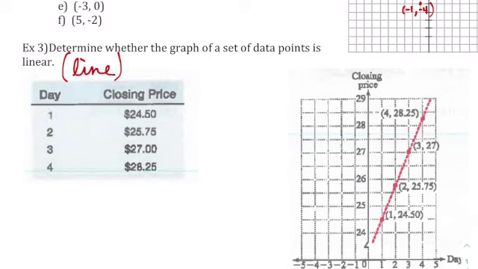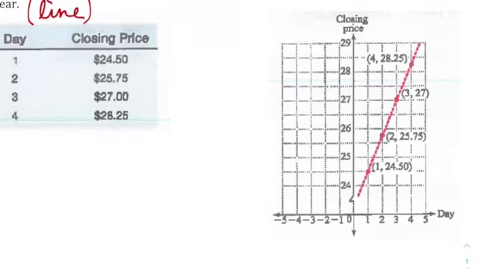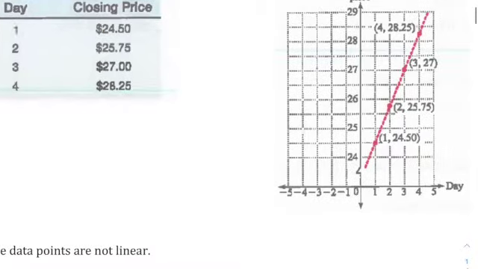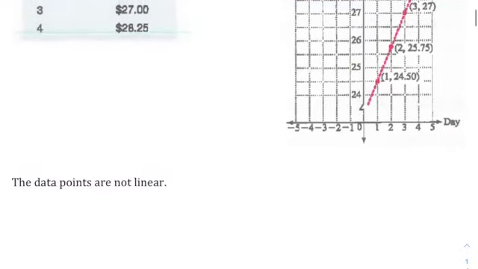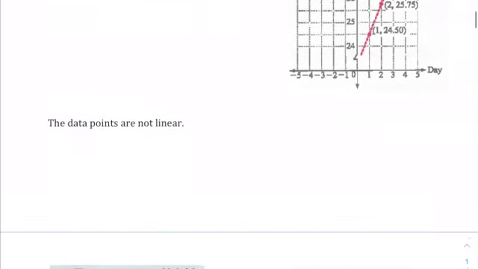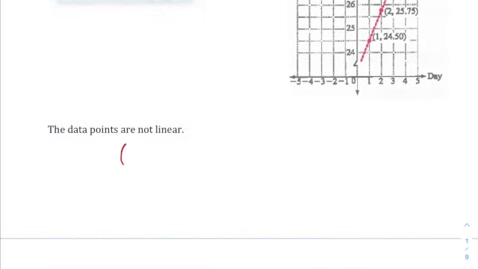Okay, and eventually I will show you a different way of proving it by using the slope formula, which some of you guys already know. All right, data points that are not linear. Not linear is not a straight line.